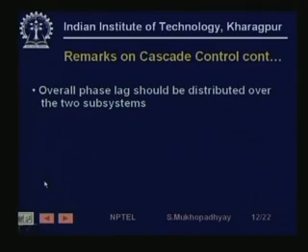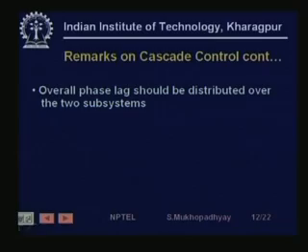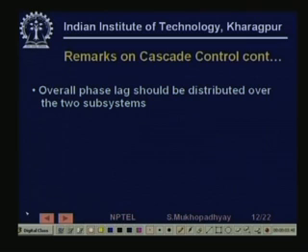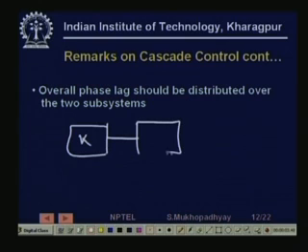But for cascade control to be effective, we must remember that this overall phase lag must be well distributed over GP1 and GP2. Suppose that GP1 is a constant k, it has no phase lag and all the phase lag is in GP2.